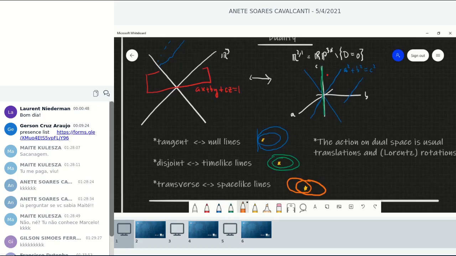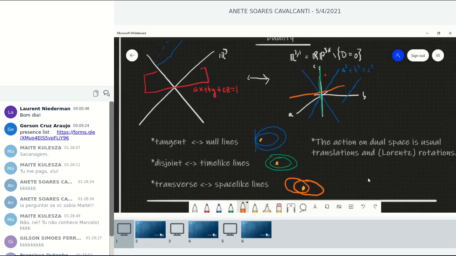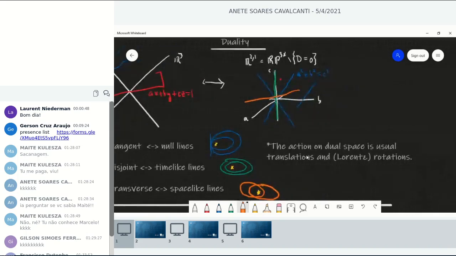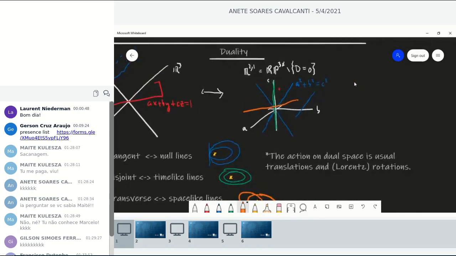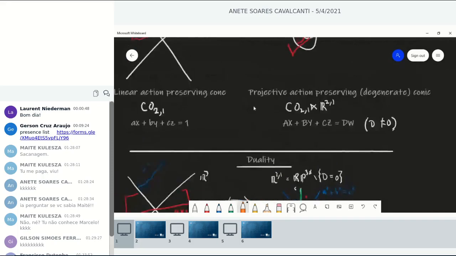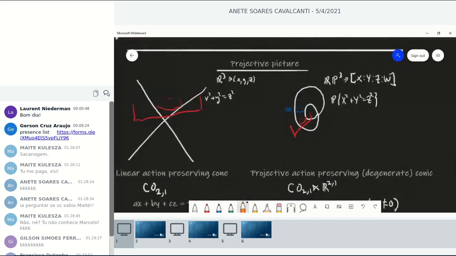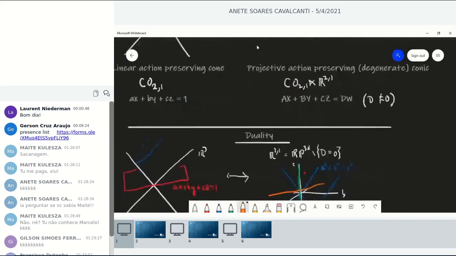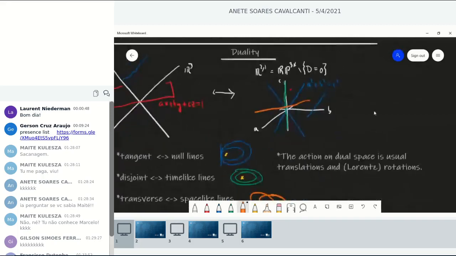And then similarly, if you take a space-like line, something like steep, let's make it like that, you get these transverse orbits intersecting in two points. So there's the meaning of lines, and we like the dual space because if I want to act by these things, there's no division by W to go to the affine chart.